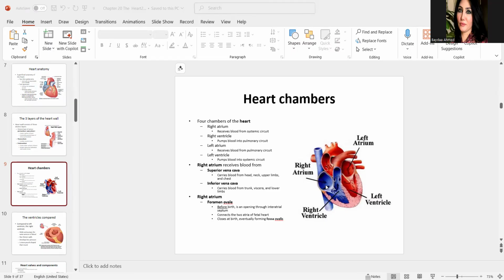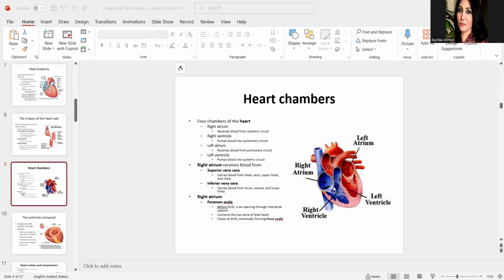Right atrium. From the 5th week of embryonic development until birth, there is an oval opening called the foramen ovale, which penetrates the interatrial septum and connects the two atria of the fetal heart.